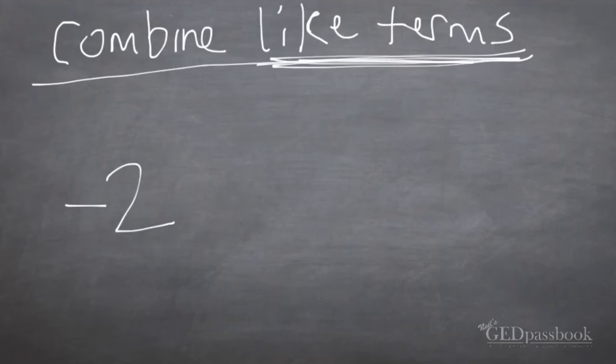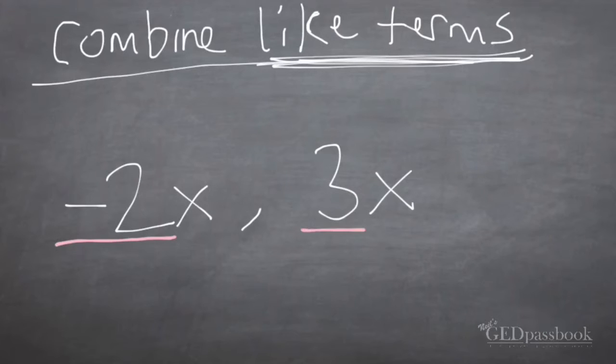Negative 2x and 3x. This is considered like terms, all right? Why? Because both have a number and both have the same variable and exponent.